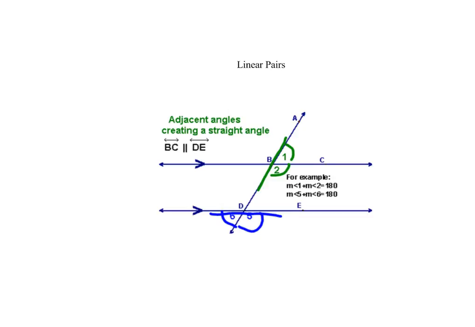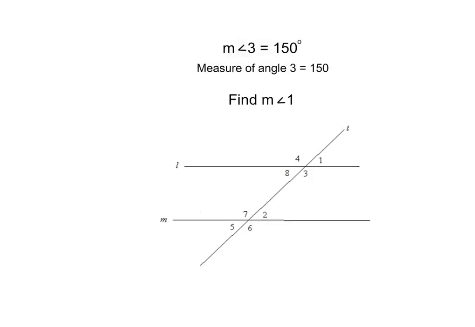I've got one more example here of how we're going to solve. So angle 3, we're back at it, is 150 degrees. Now I'm looking for this missing angle here, angle 1. Well, I know that angle 1 and angle 3 create this linear pair, or this straight line. So I can say the measure of angle 3 plus the measure of angle 1 is going to give me 180 degrees.